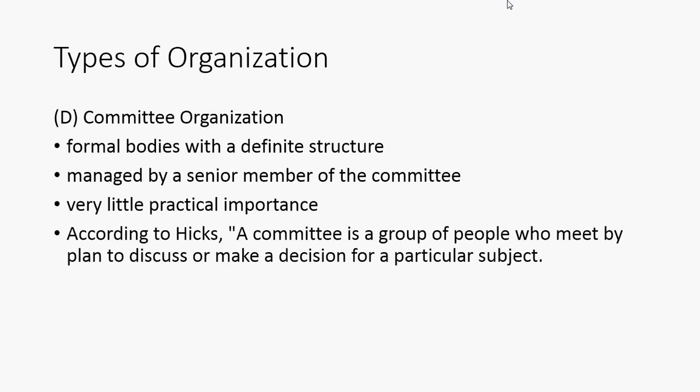According to Hicks, a committee is a group of people who meet by plan to discuss or make a decision on a particular subject, or a complex problem that is difficult to solve. They come together with a plan, discuss according to their expertise, give out suggestions, discuss again and find the best solution to implement within the organization for the complex problem.